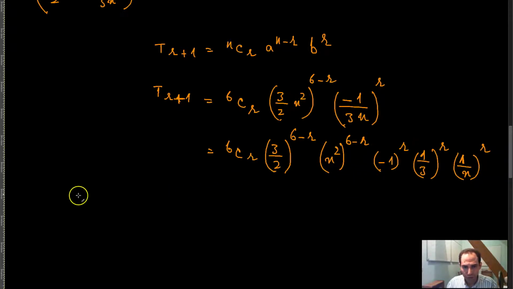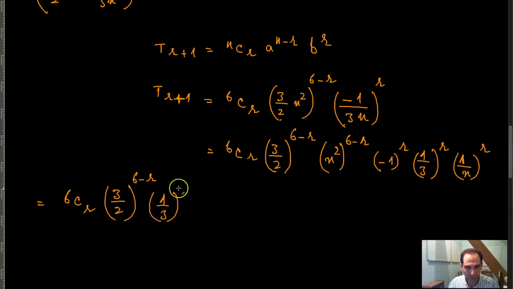Which means that you can write this as 6Cr, (3/2) raised to the power 6 minus r, (1/3) raised to the power r, and (−1) raised to the power r.